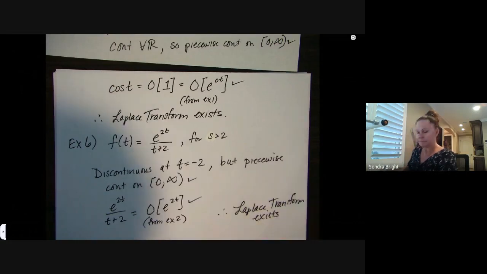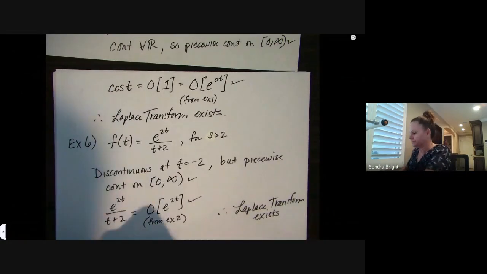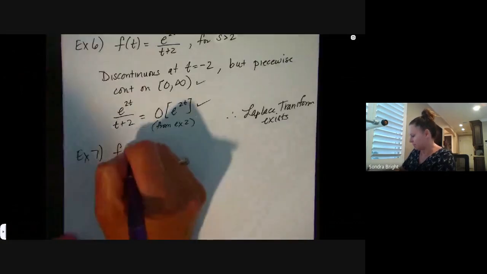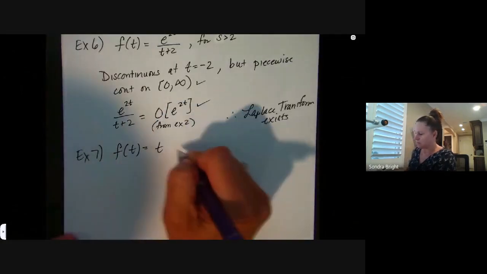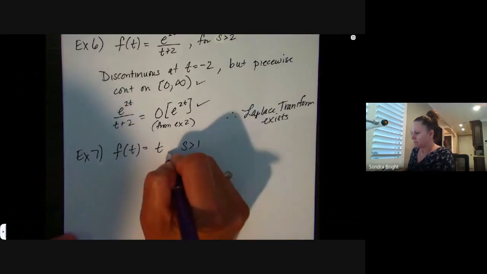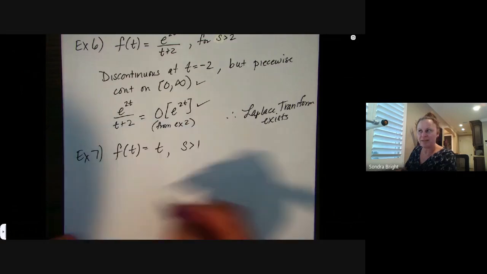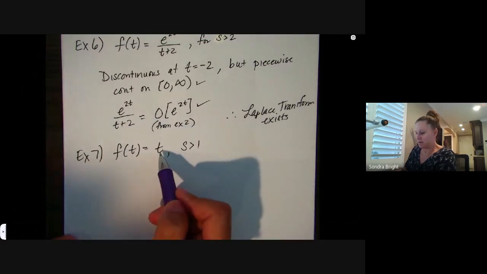One more. How about if f of t is t for s greater than 1? All right, so y equals t. That's just a straight line going through the origin, right?